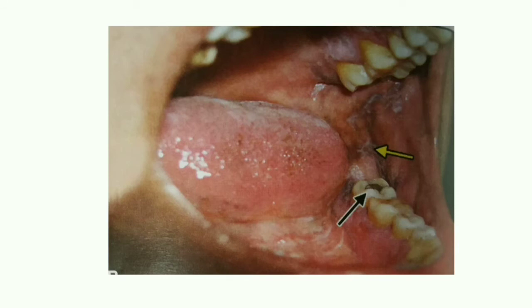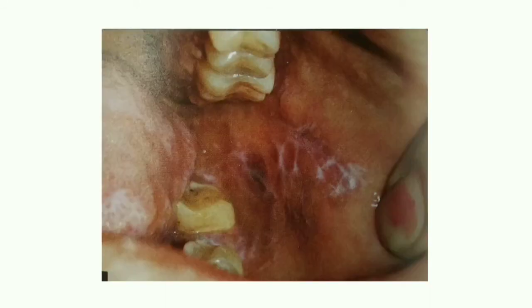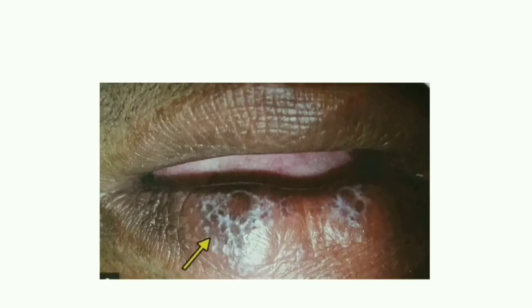Apart from that, you can also get some ulcerative or erosive forms of lesion which can have premalignant potential. In this picture it is so clear that this is a reticulate pattern, a lacy pattern. Now this is actually the Wickham striae which is present on the lower lip.